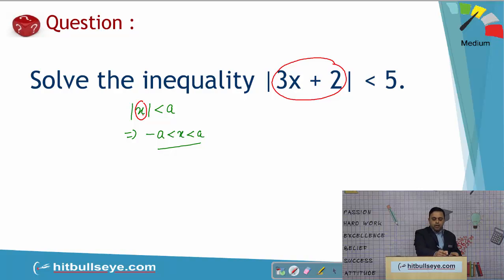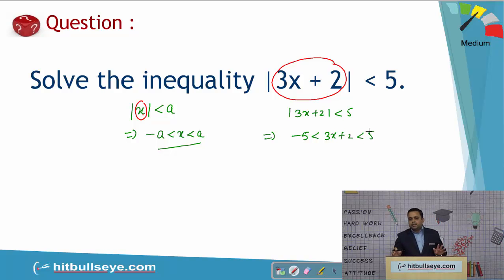So the solution will be minus 5 less than 3x plus 2 less than 5. Now I want only x in the middle part. First I will subtract 2 throughout the inequality, so the result will be minus 7 less than 3x less than 3. Now I will divide the whole inequality by 3.